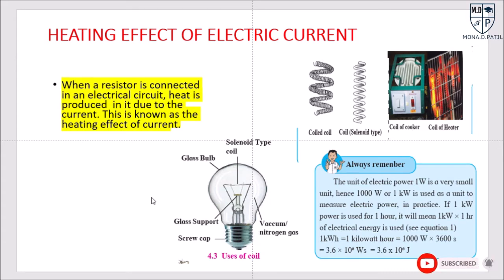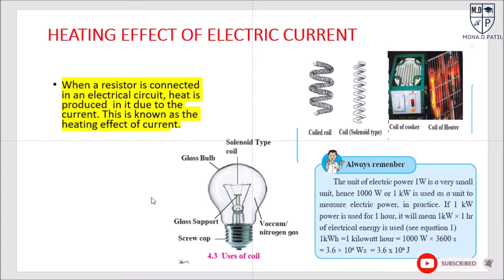The unit of electric power, 1 watt, is very small. Hence a thousand watts, or 1 kilowatt, is used as a unit to measure electric power. In practice, if 1 kilowatt power is used for 1 hour, then 1 kilowatt hour of electric energy is used.